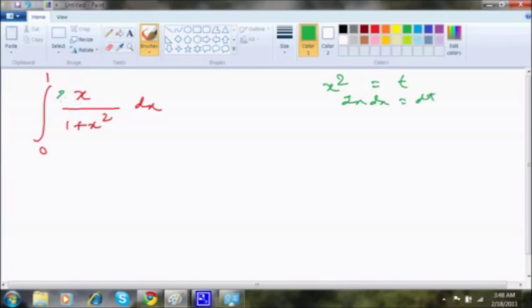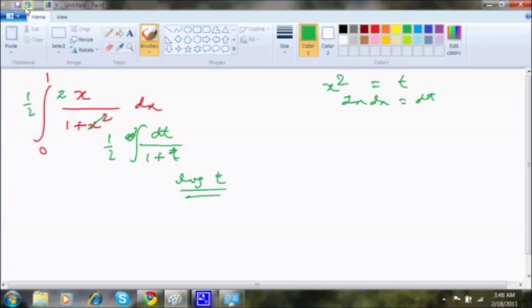I can multiply by 2 and divide by 2, and the question will become dt by (1 plus t), because this is t. Integration 1 by 2. I'm not doing anything to the limits for now. What I'm trying to say is this will become log t.